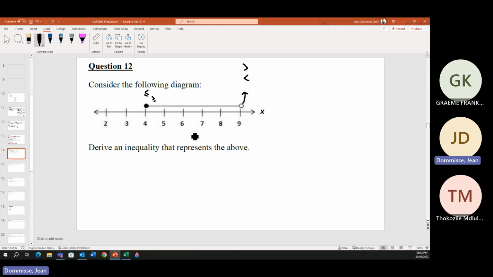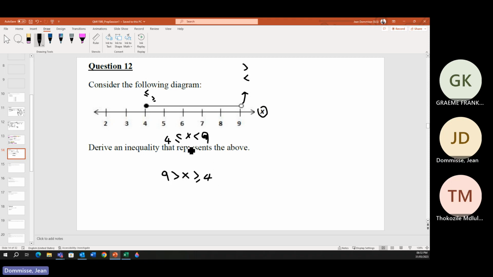Basically what this represents is, there we see x, so x will be smaller than 9, or it will be bigger or equal to 4. So you can also write it as x bigger or equal to 4 and x smaller than 9.